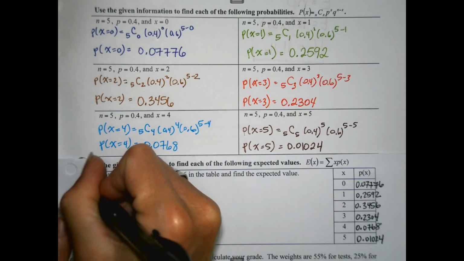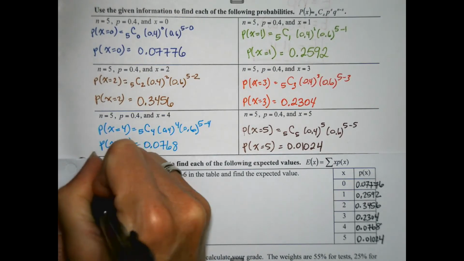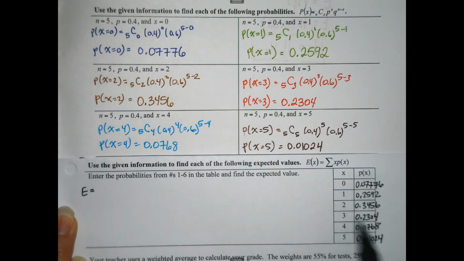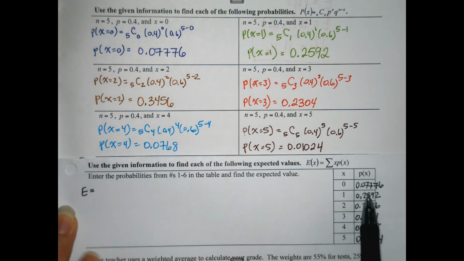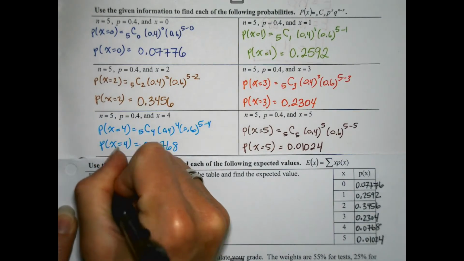Then all we need to do to find our expected value is multiply and add everything together. 0 times anything is 0. I'm going to just write 0 for the first one.